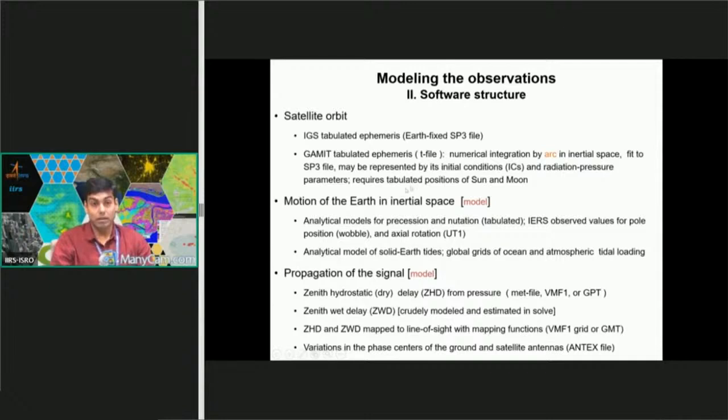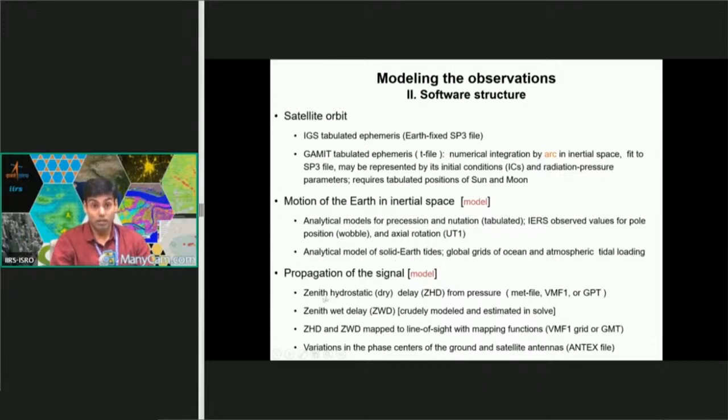Like the SP3 file, and the IERS, International Earth Rotation Service. We use this to get the axis rotation and pole position, all of which we get from this website. Then we use solid Earth tide, and a global grid of oceans and atmospheric tidal loading.